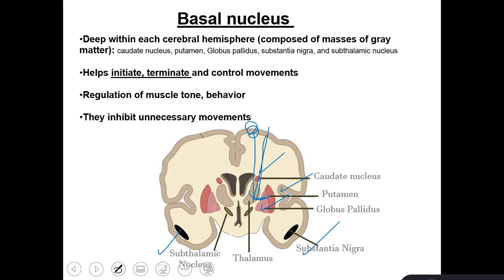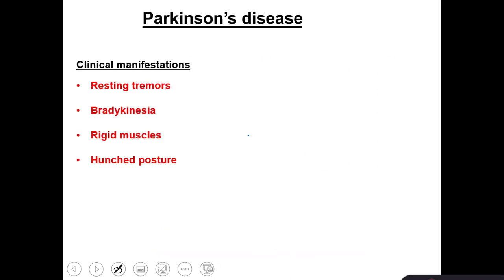Also, the basal nuclei inhibit any unwanted movements. Like as we are resting, we don't have tremors normally because the basal nuclei prevent any unnecessary movements. That's why when they are damaged in Parkinson's disease, resting tremors happen. So during rest, the person will have tremors.